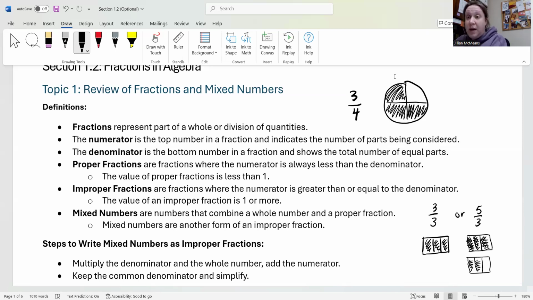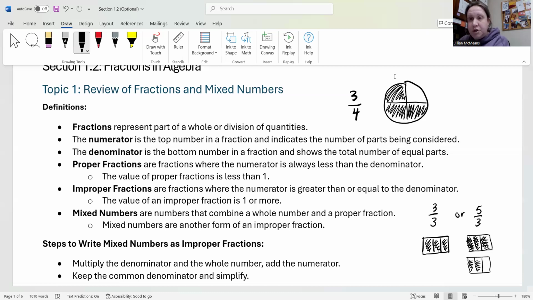So the value of a proper fraction, where the numerator is less than the denominator, is less than 1. The value of an improper fraction, where the numerator is greater than or equal to the denominator, is 1 or more. Okay. Now we also have mixed numbers. Mixed numbers are numbers that combine a whole number and a proper fraction.